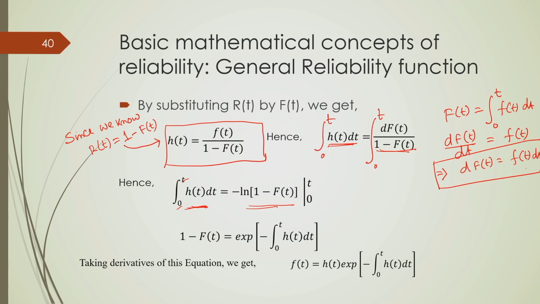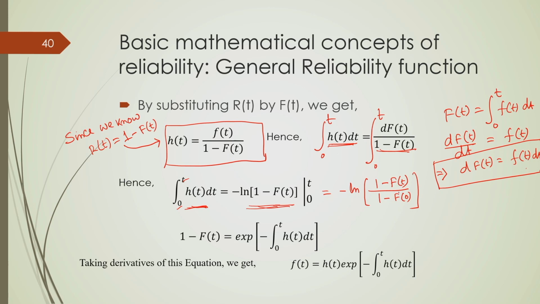That means it will be equal to minus ln of 1 minus F(t) divided by 1 minus F(0).